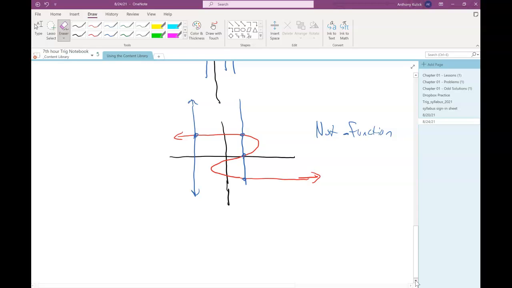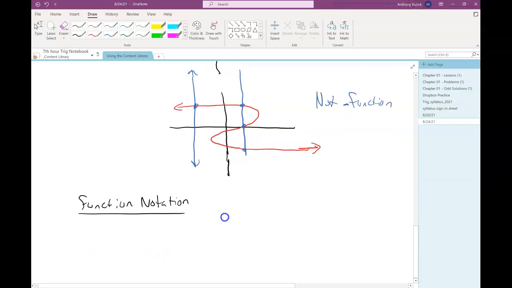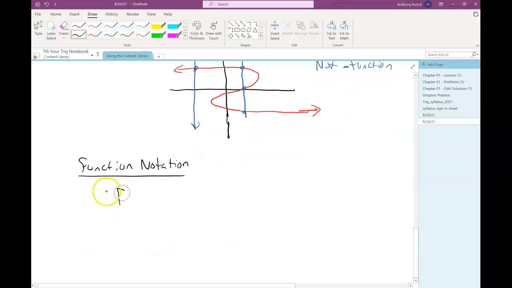Okay, so we've talked about mapping diagrams, we've talked about equations or formulas, and we've talked about graphs as three representations. The last way we represented a function, or that we talked about, was using function notation. Which was like y equals f of x.